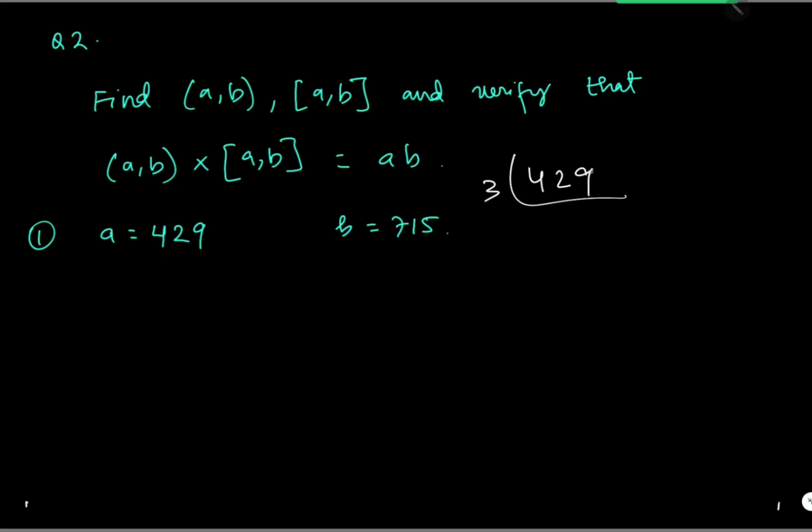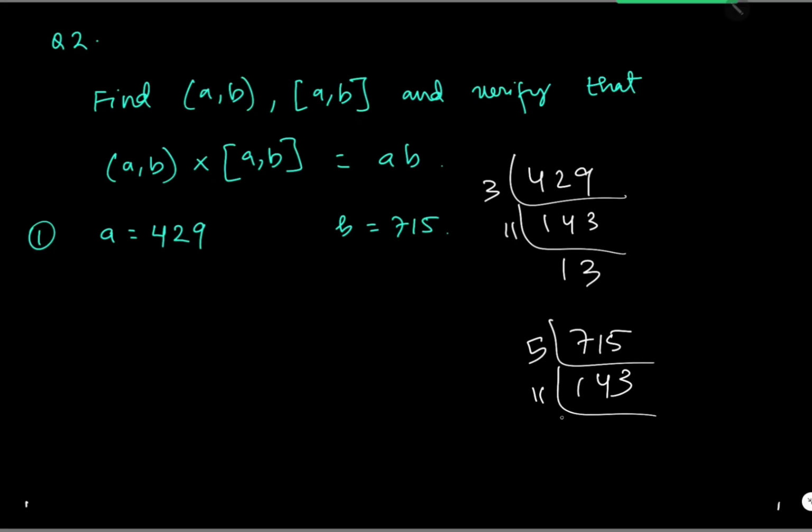Let me quickly complete the prime factorization. 429: 1, 11, 3, 10, 11, 11 times 1, 11, 11 times 3, 13. For 715, this would be 5, 1, 5, 2, 20, 3, 11, and 13.